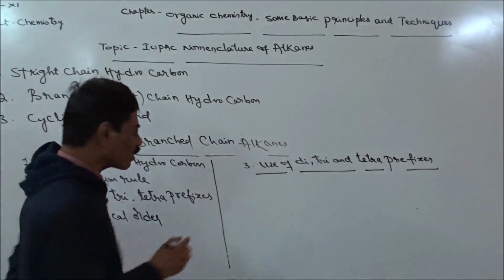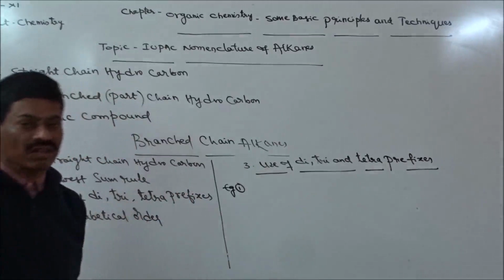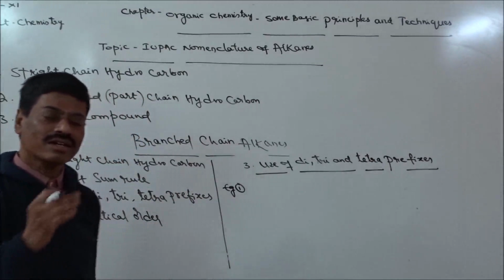We will see two examples, where in one example two similar alkyl groups are there. In the second example we have two similar alkyl groups, besides that one different alkyl group.